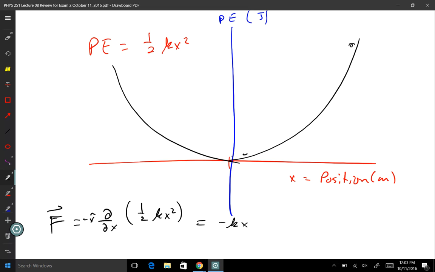The long words are, natural systems are always trying to go to the lowest potential energy. So the strength with which it's trying to get there, the force, is proportional to the slope, and in fact is given by this equation. That's the long answer.